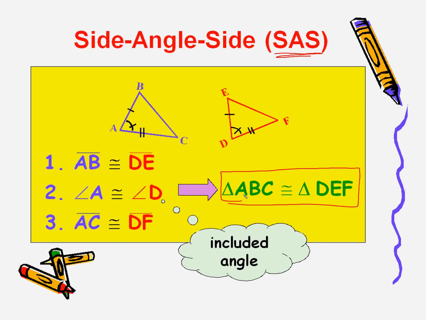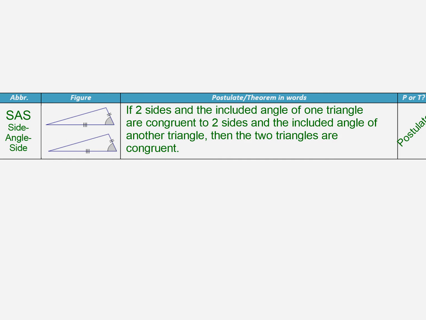If we can show that two sides and the included angle of one triangle are congruent to the two sides and included angle of another, then the two triangles are congruent. The way you can write that in your notes is SAS, which is side angle side.